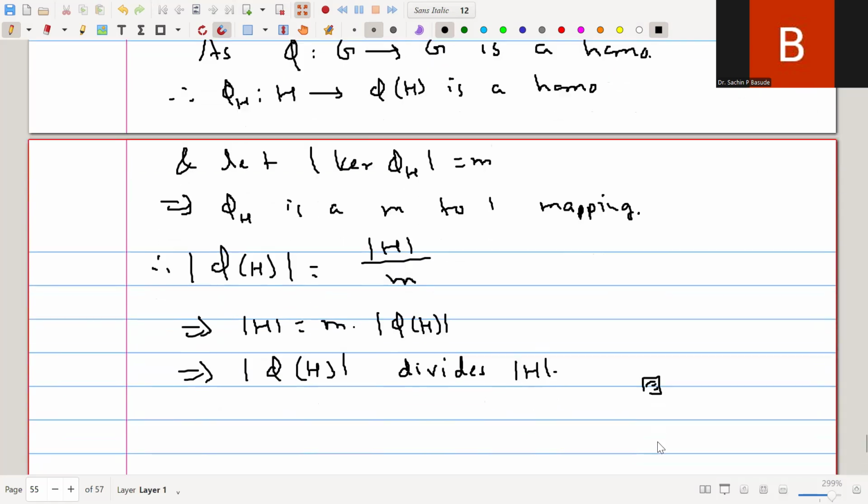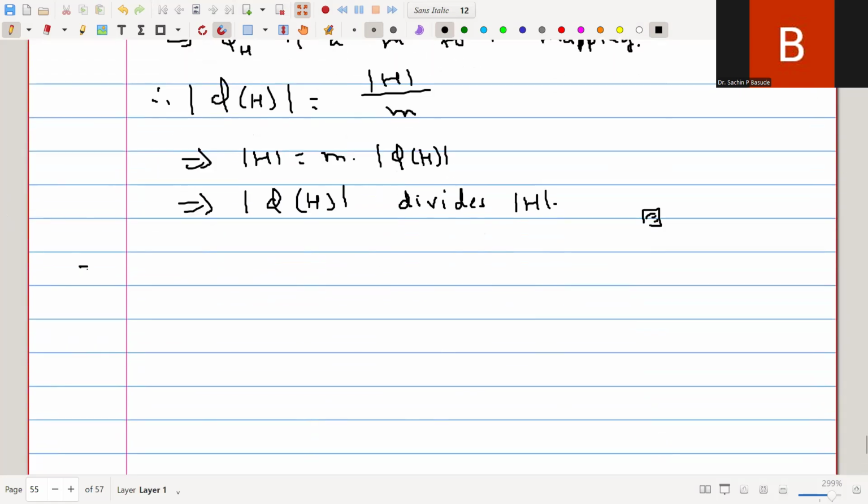Okay. Now what is the seventh one? The seventh one is given: k bar is a subgroup of G bar. What is the claim? We have already defined inverse.